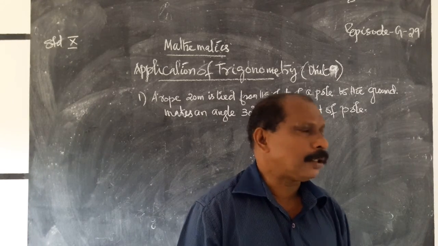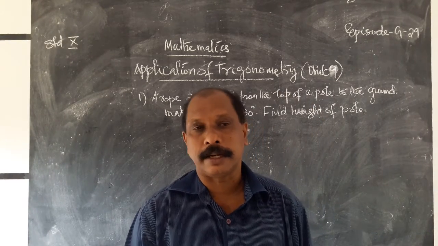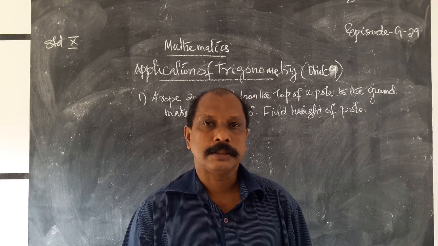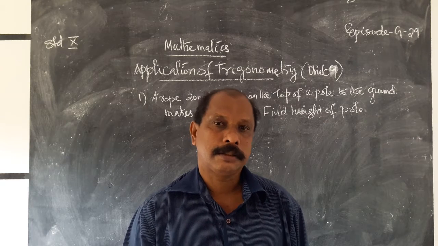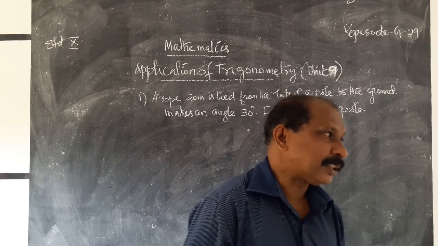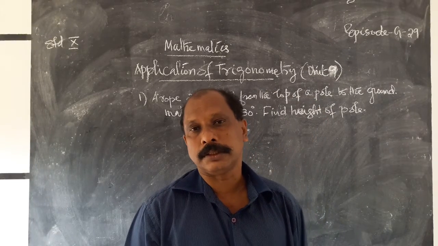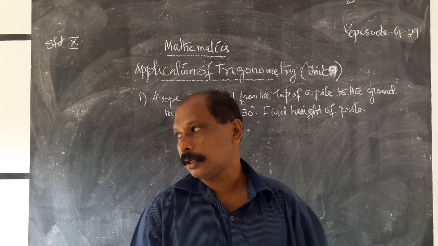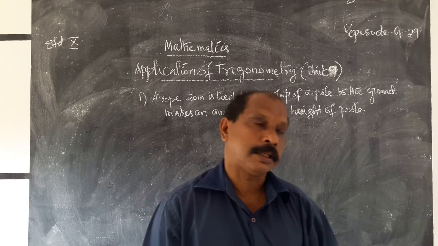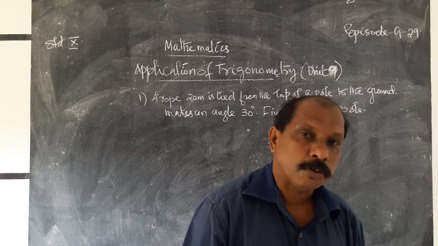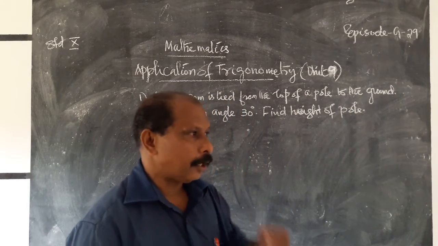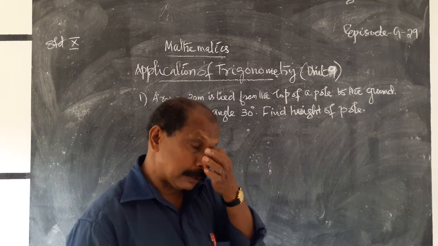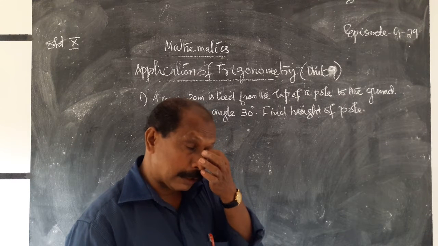We know that the ratio between opposite side and adjacent side is tan theta. The ratio between opposite side and the hypotenuse is sin theta, and the ratio between adjacent side and the hypotenuse is cos theta. Therefore, if the angle of elevation or angle of depression is given, we can find out the other measure.